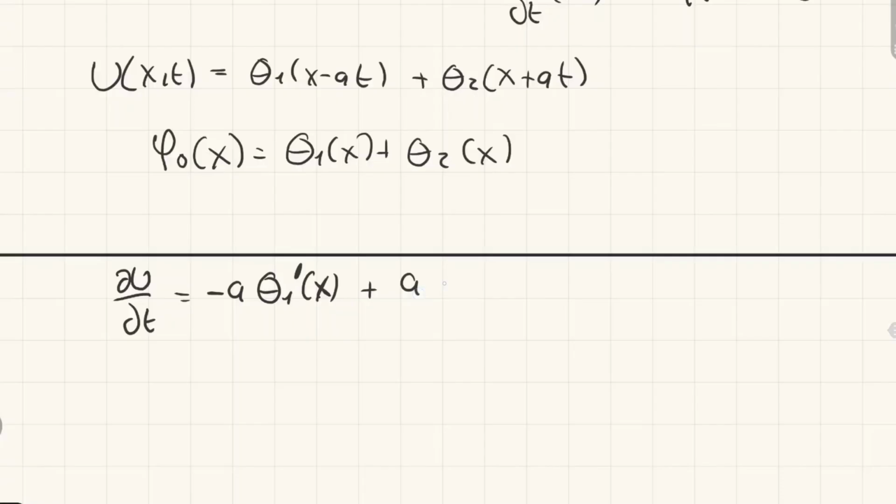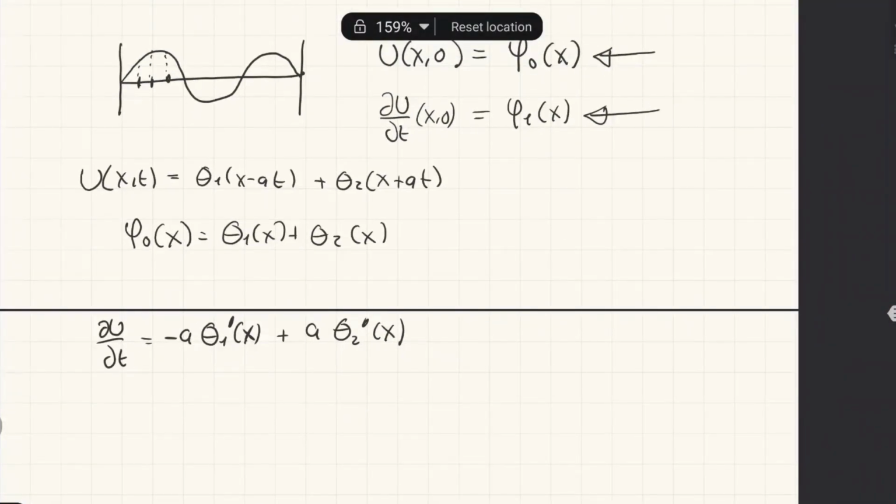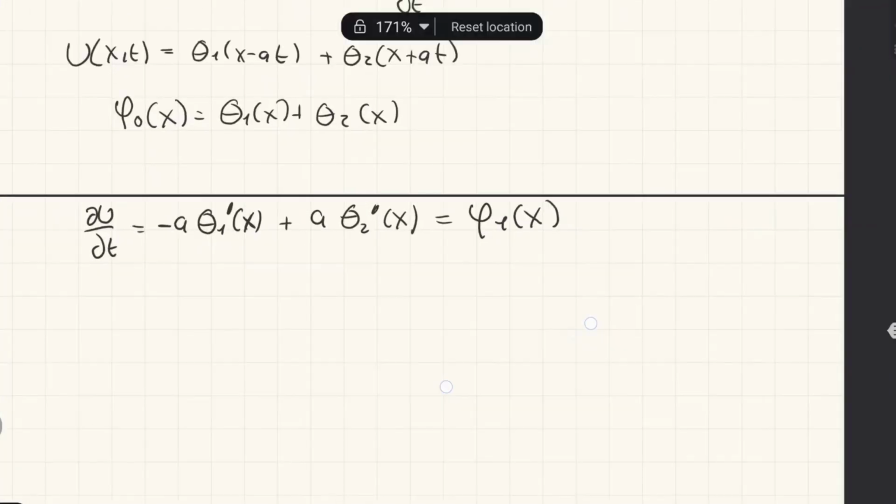And then plus a, theta 2 prime of x. And the initial condition says that this is equal to some function phi 1 of x.